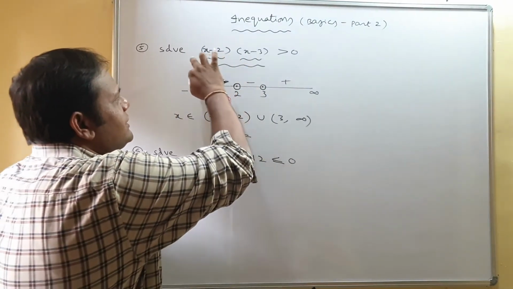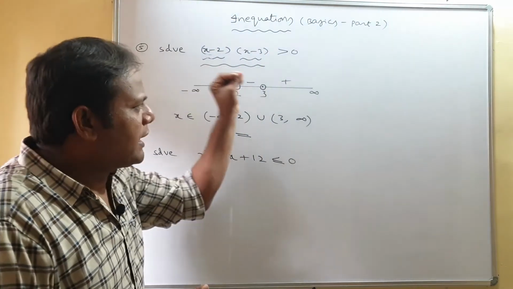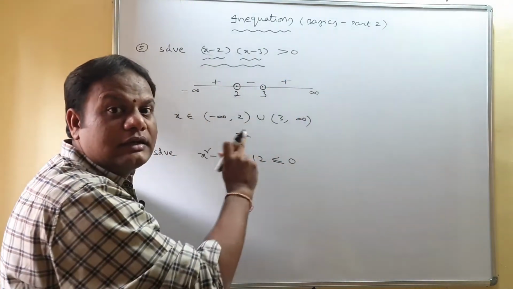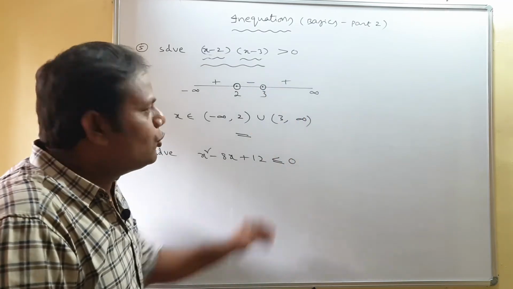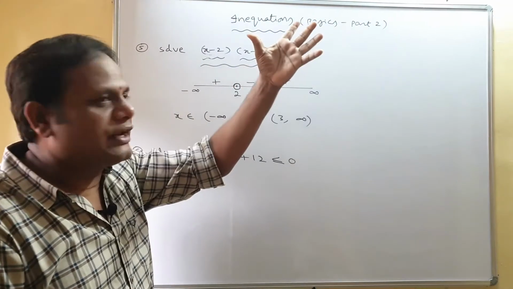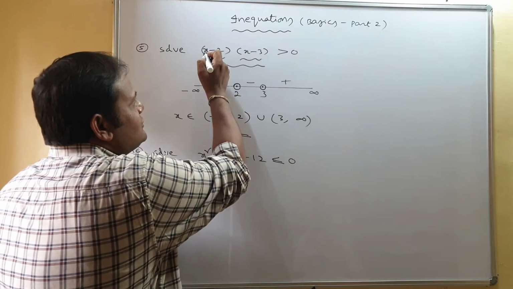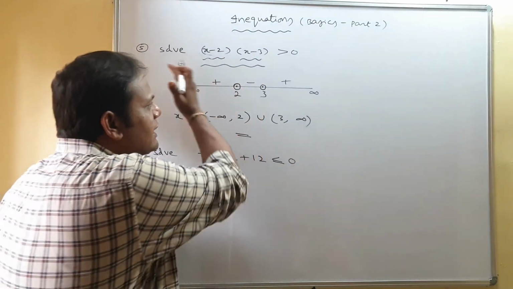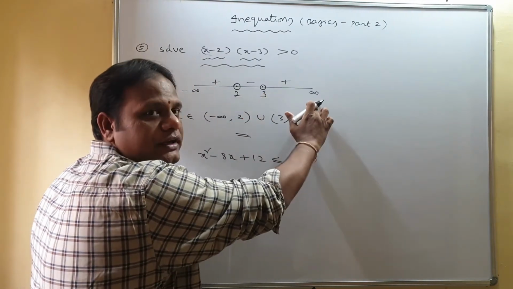If every x coefficient is positive, blindly in the rightmost interval you start with plus. No need of verifying by taking 4, 5 or something. Blindly you can go for that. That is always correct. So in the rightmost interval, what is the rightmost interval? 3 to infinity. Here you take plus.